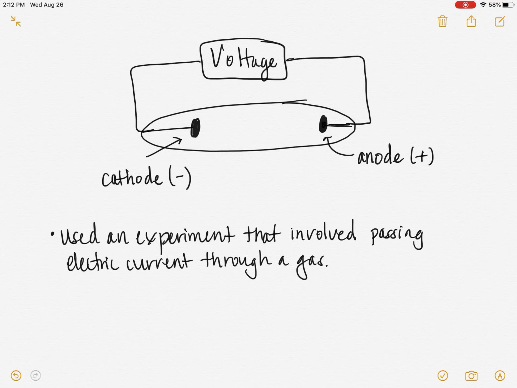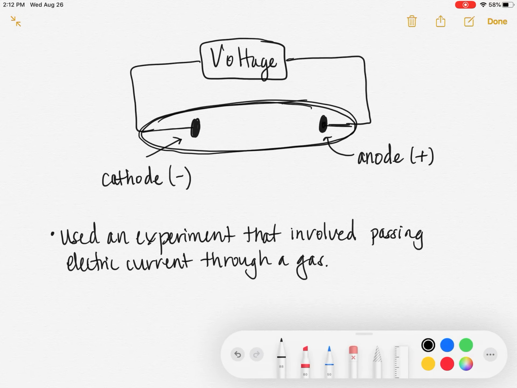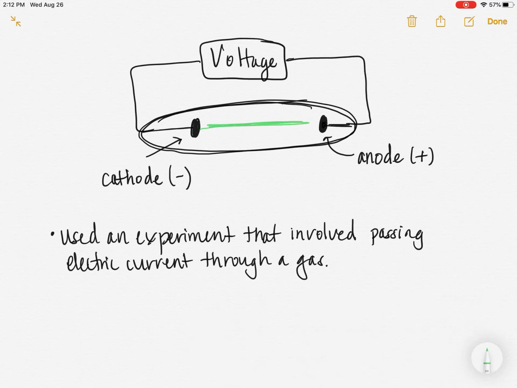I believe he used hydrogen first, and he filled this glass tube with hydrogen, and then turned the battery supply on. So then there's electric current running through here. And when he turned the battery supply on, he saw a beam of light.